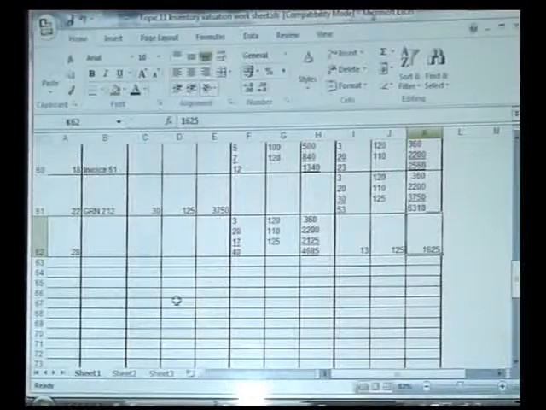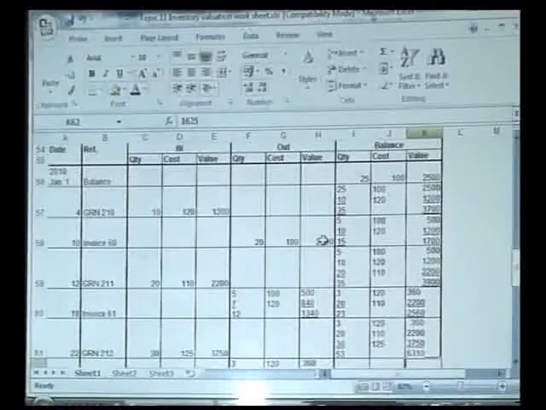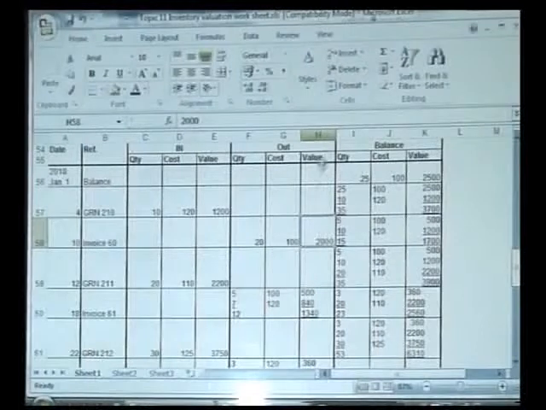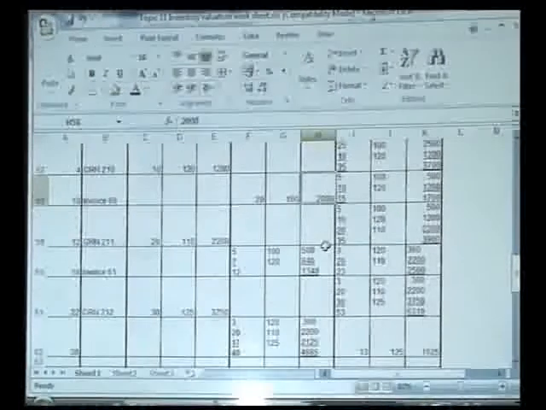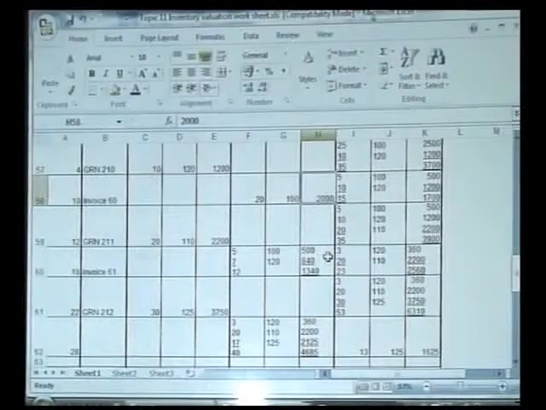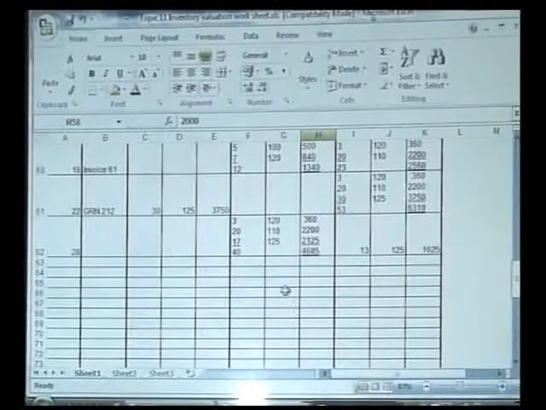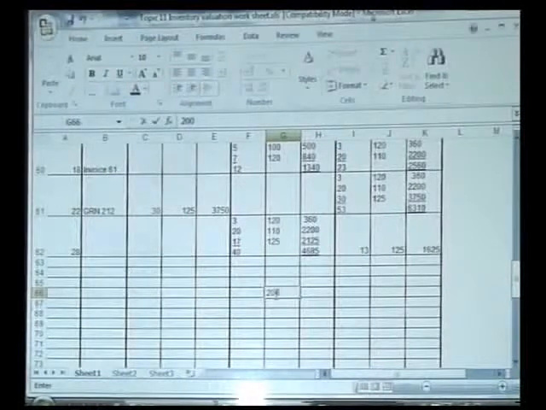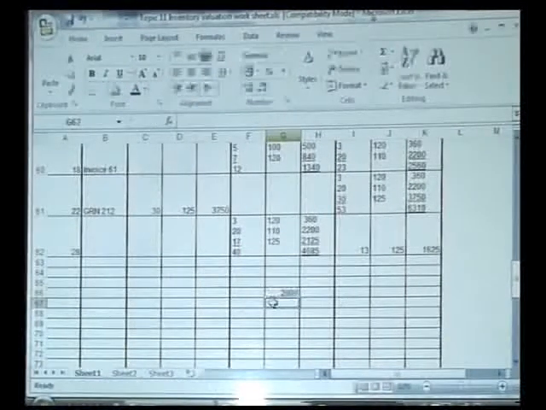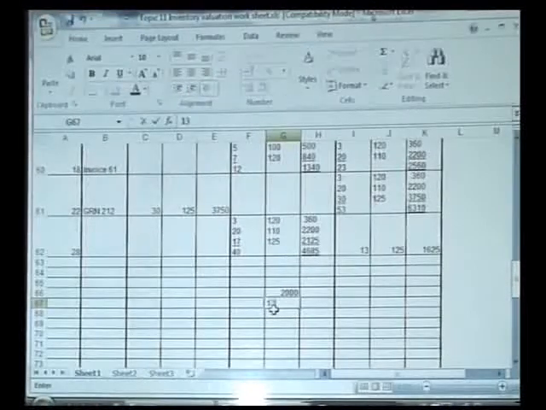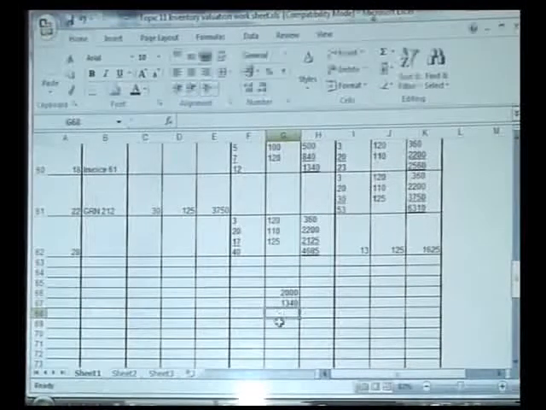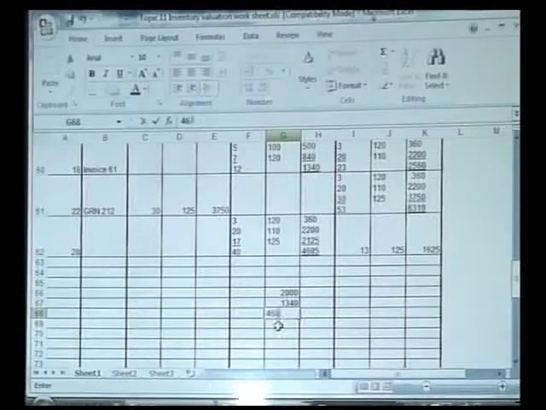If you want to find the cost of goods sold, find the total of the value column. The values are 2000, 1340 and 4685.